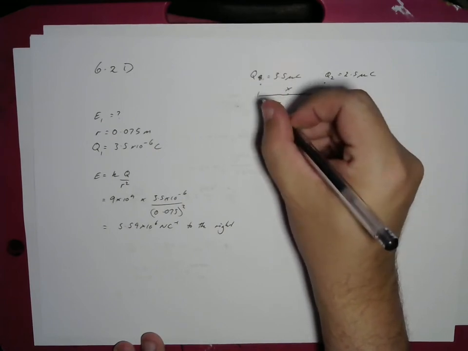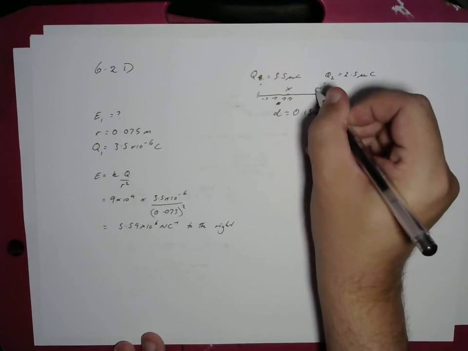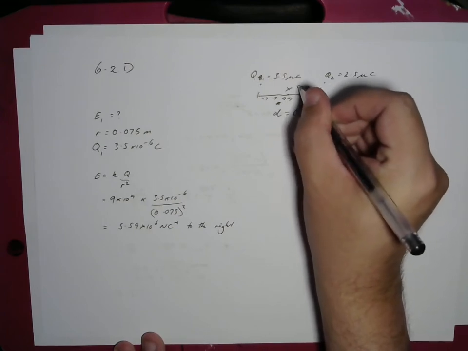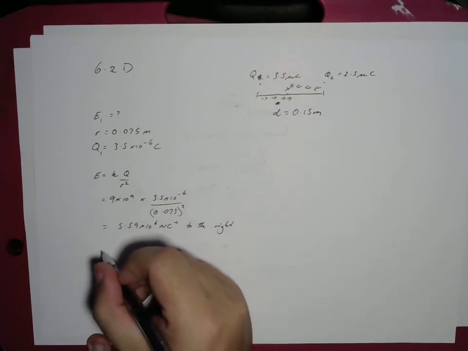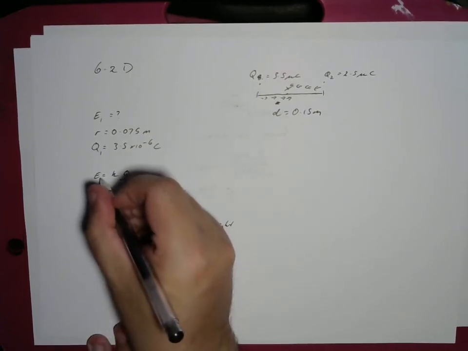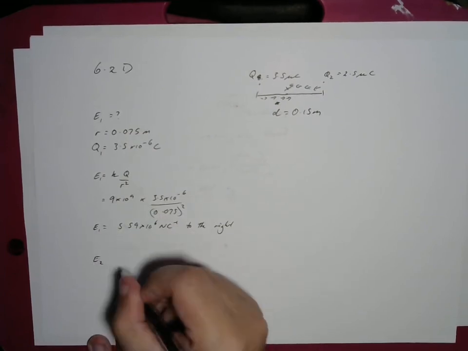Because the Q1 field, that's positive, will be going out like this, and the Q2 field, because it's positive, will be going out like this. This was E1.